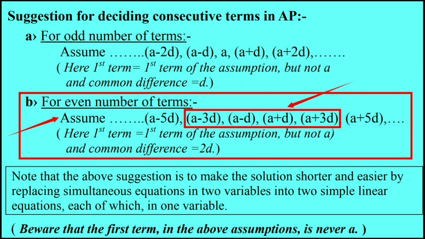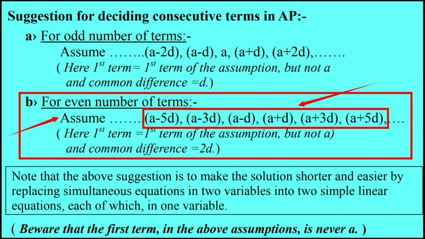If we are to assume 4 consecutive terms of an AP, then the terms assumed should be A minus 3D, A minus D, A plus D and A plus 3D. And here too, the first term is A minus 3D and the common difference is 2D.